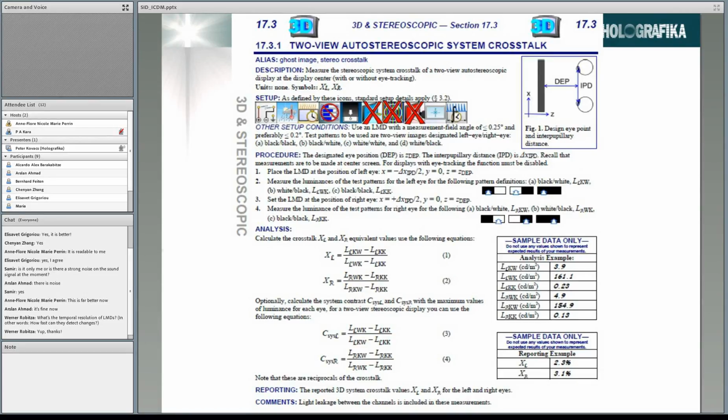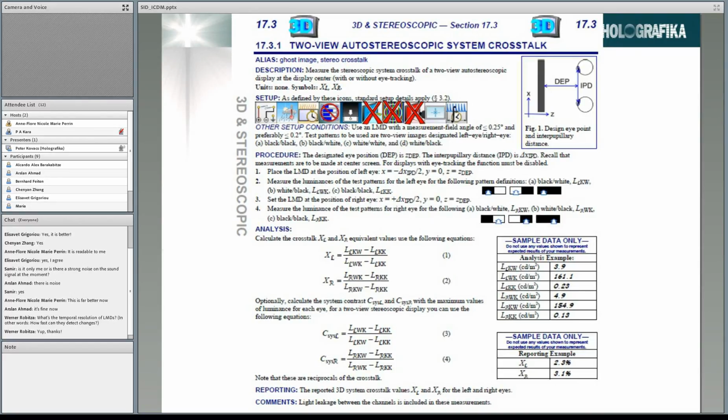Here the procedure of the measurement is very similar to the glasses-based stereoscopic display, but as you can see from the description and the procedure, it takes into account where the designated eye position is, so you have to take care that the LMD is positioned exactly where the eye is supposed to be, as well as the usual interpupillary distance, so that during the measurement you can be sure that the light intensity that you are measuring will match with what the eyes would see.